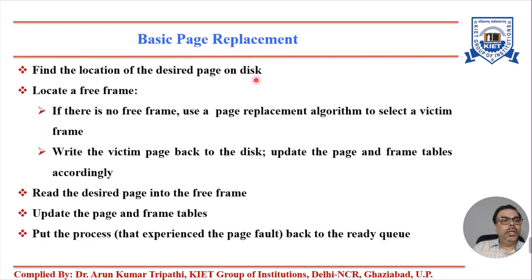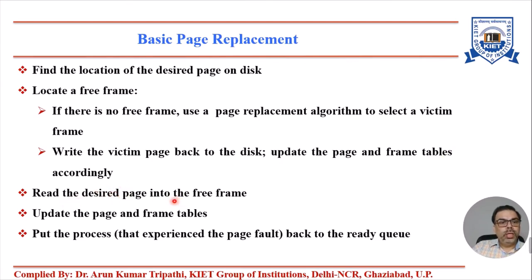Firstly, find the location of the desired page on the disk, and locate a free frame. If there is no free frame, use the page replacement algorithm to select the victim page, write the victim page back to the disk, and update the page and frame tables accordingly.